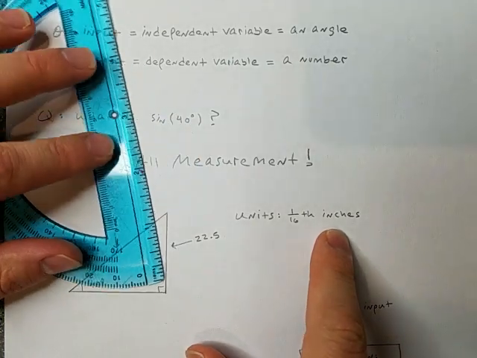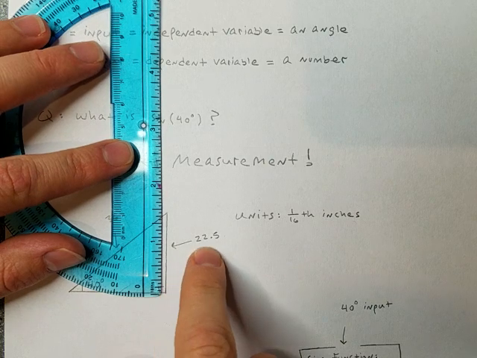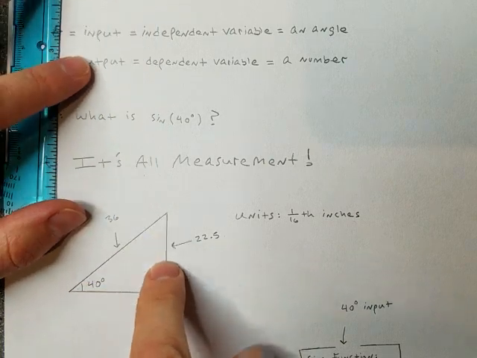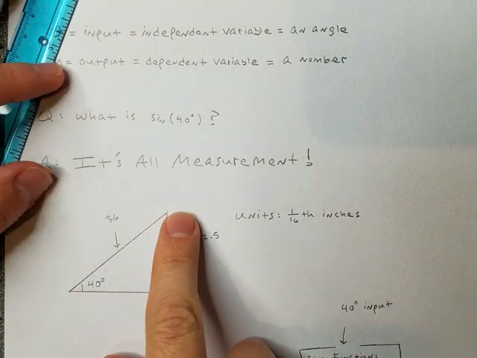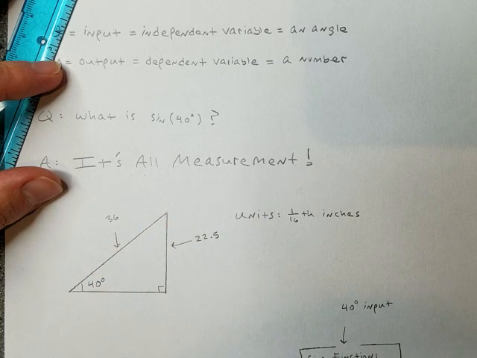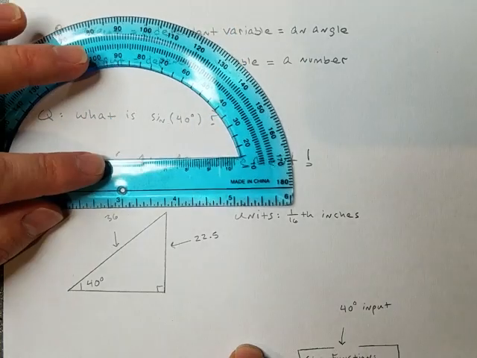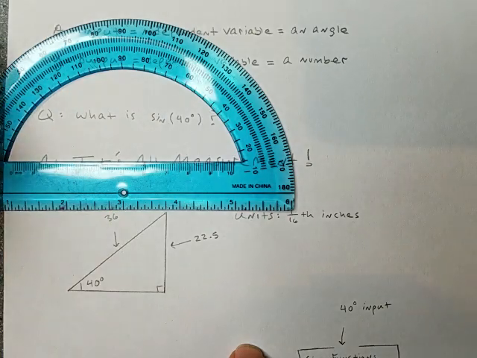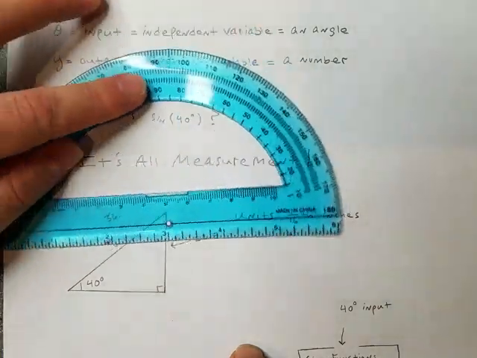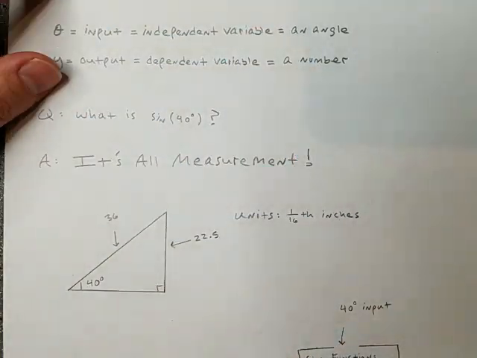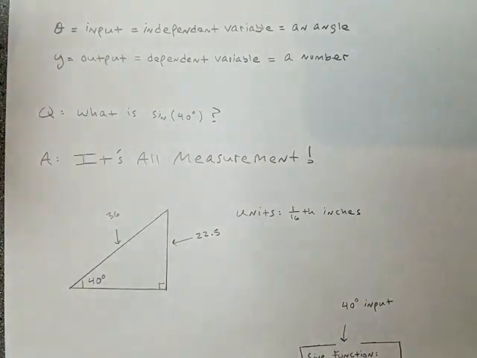I measured that this is about 22.5/16 of an inch that way, and 36/16 of an inch that way. And that's with my eyesight, which is not that great. And truth is, some of the lines are getting a little rubbed off my ruler, but whatever. I did the best I could. I tried to get that as accurate as I could.